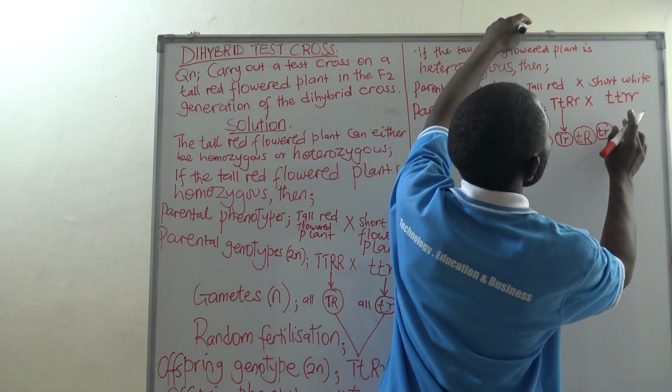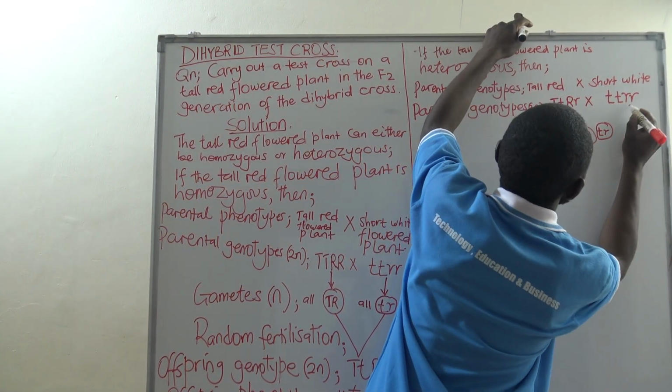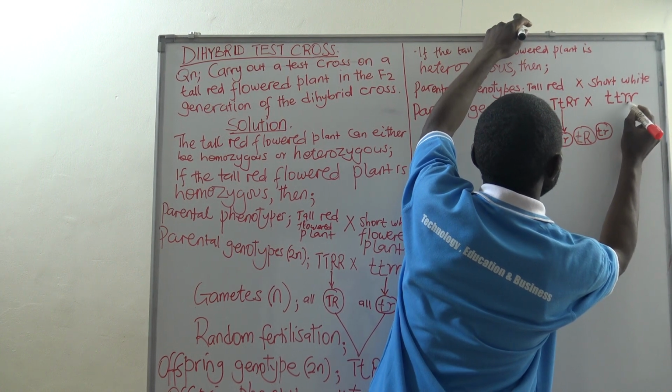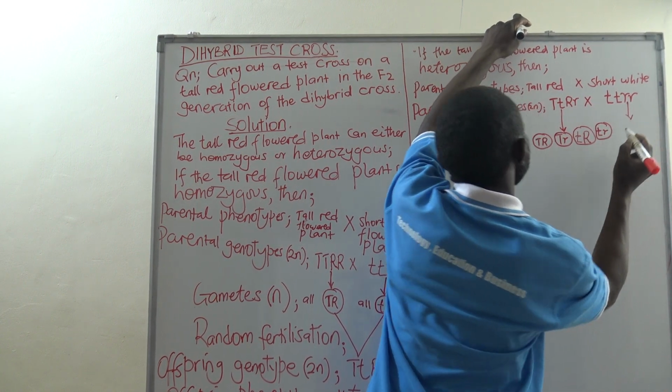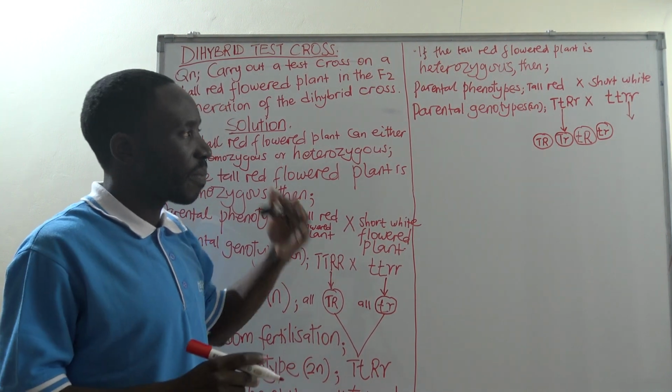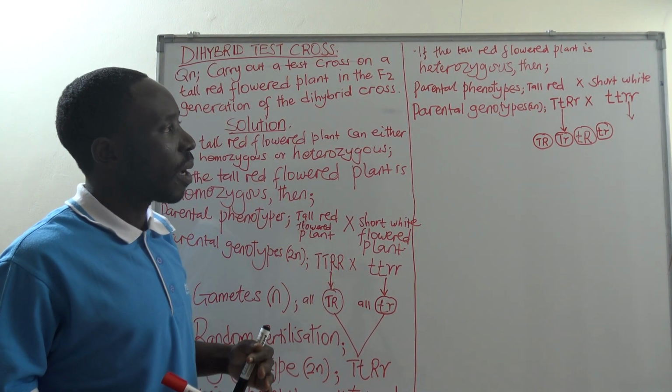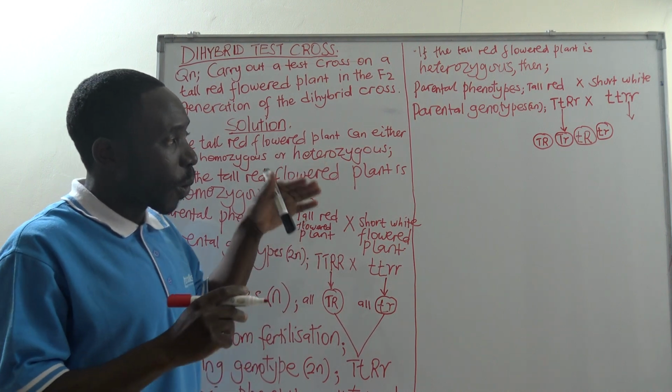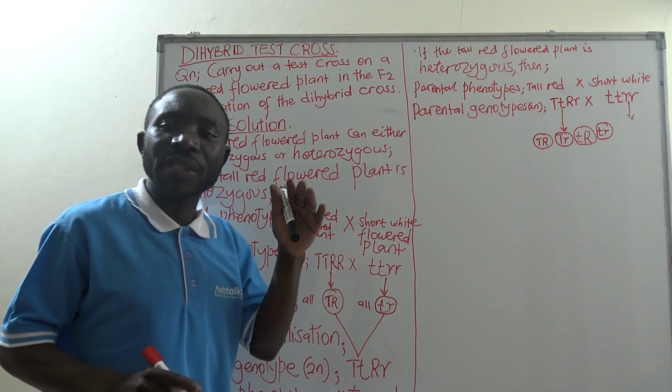Now, during segregation of the genes of the homozygous recessive parent, all the allele combinations will be the same.